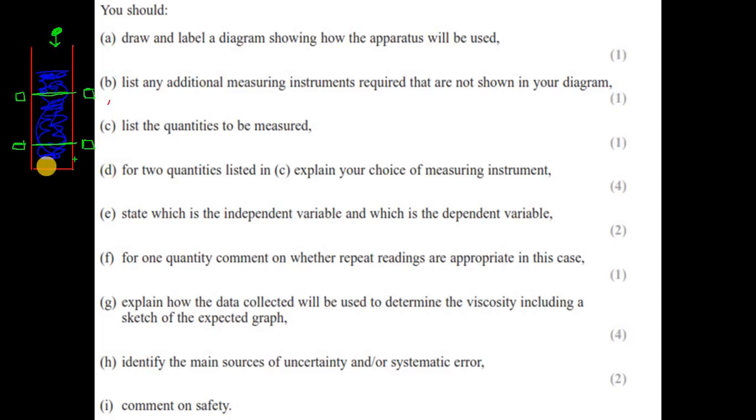And you just label these. So you can say this is your cylinder, these are light gates, this is fluid of known viscosity or known density, and this is a sphere. So this is a labeled diagram of the apparatus.